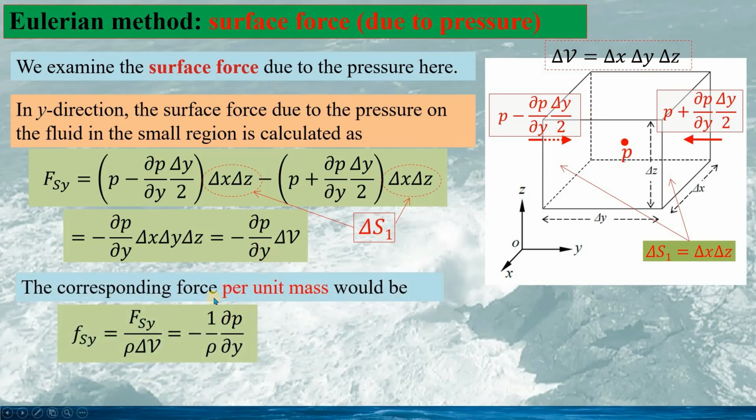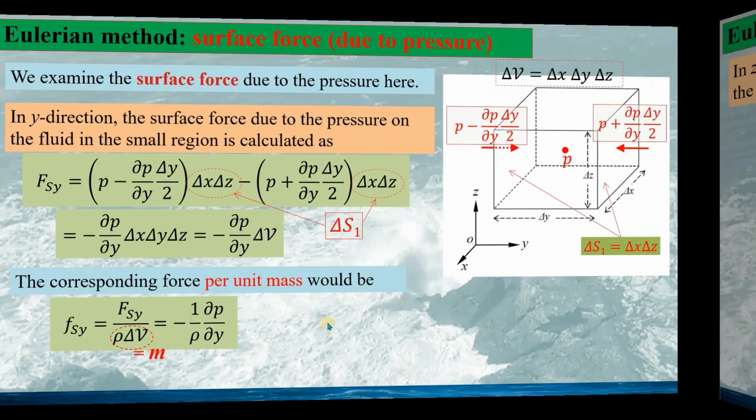Based on this, we can calculate the corresponding force per unit mass given as fsy equaling capital Fsy divided by rho delta V. This would be given as minus 1 over rho partial differentiation of P with regard to y. Here we can see rho delta V is the mass of the fluid in the cubic.